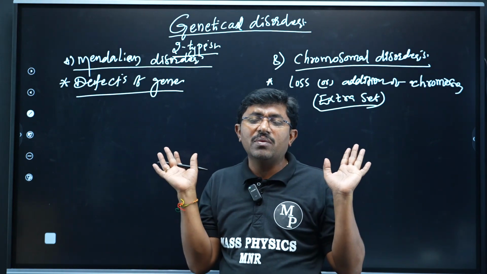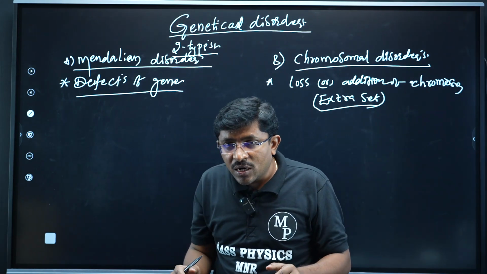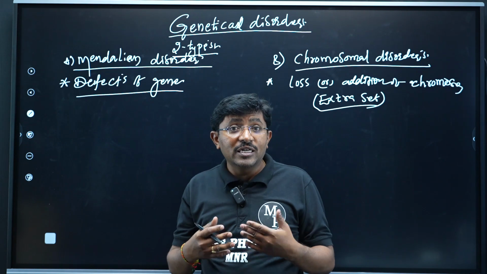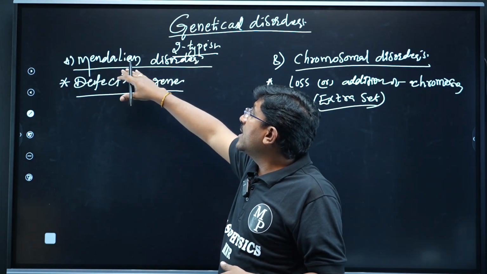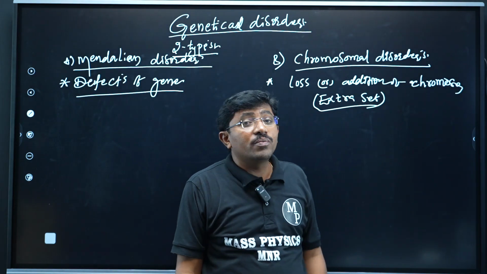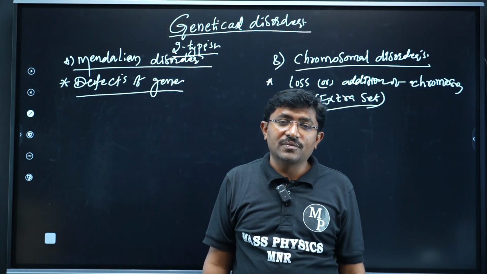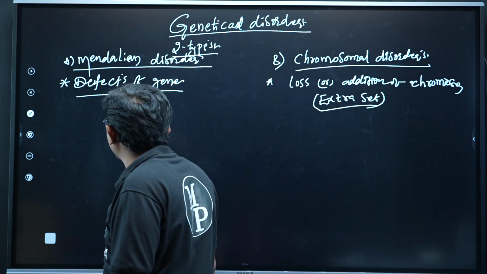That person is normally healthy, and is also able to produce gametes. That's why these are heritable. That's why Mendelian disorders are heritable disorders and chromosomal disorders are non-heritable disorders. Understood? This is a very clear, important point.